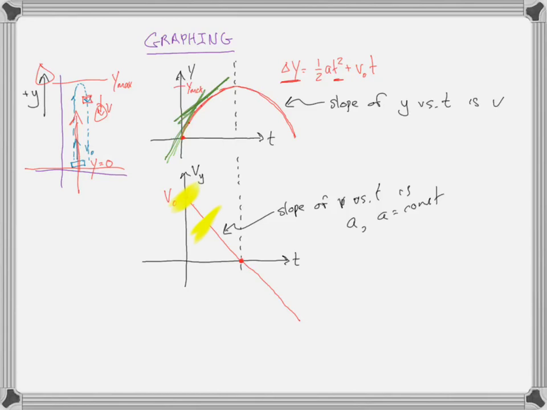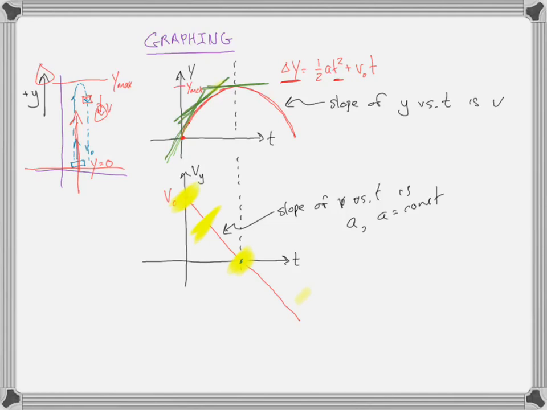Here at 0, when it gets to 0, the velocity is 0. That means the slope of y versus t must be 0. Whoops, that was the wrong color. The slope of y versus t is 0. Okay, so if the velocity is 0, then the slope of y versus t is 0. Right?